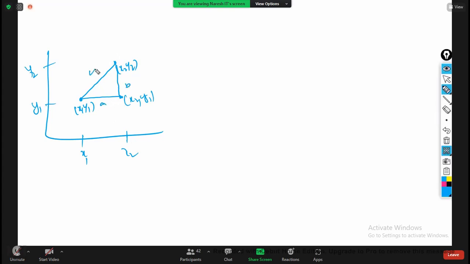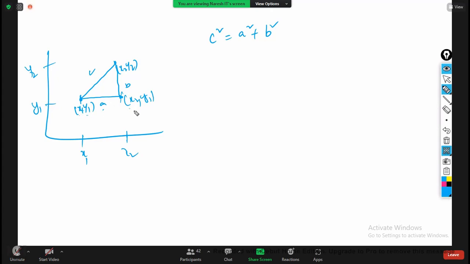For a right angle triangle, we can apply the Pythagoras theorem: C square is equal to A square plus B square. A is the distance between these two points. Y is not changing, x is changing, from x1 to x2.